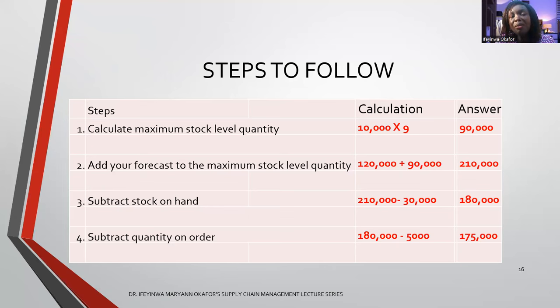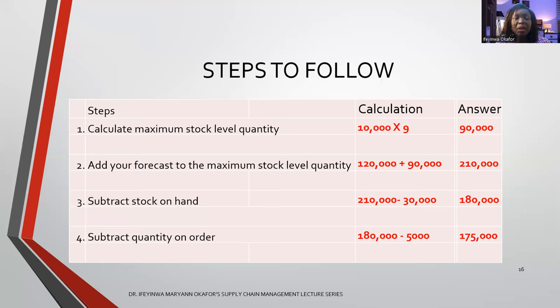In this question, the average monthly consumption for the microscopic slide is 10,000 slides per month, and the maximum stock level is 9 months. So the maximum stock level quantity is 10,000 times 9. That gives us what? 90,000.